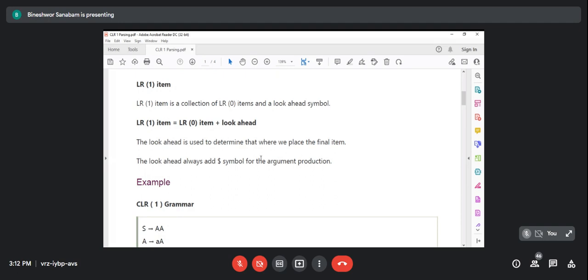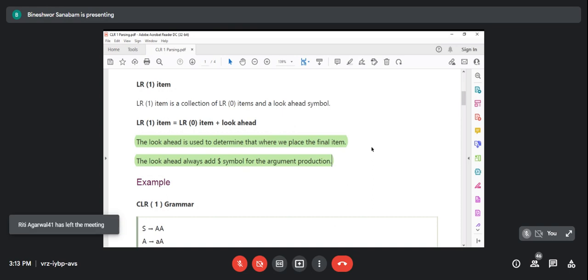The next thing is, why do we need this look ahead symbol? We need the look ahead symbol to determine where we are going to place our final item.